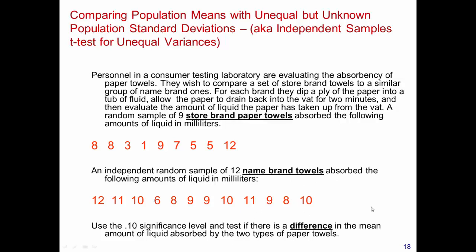Again, we're looking for a difference in our hypothesis test, and our alpha level of significance, which is the amount of risk we are willing to accept of rejecting the null hypothesis when in fact it is true, is 0.10.